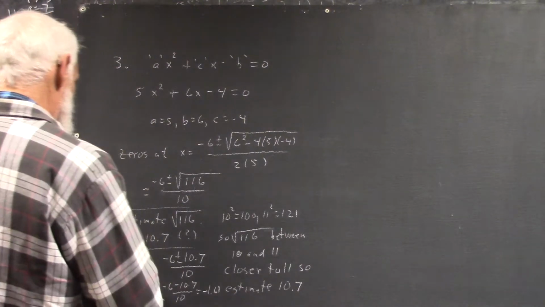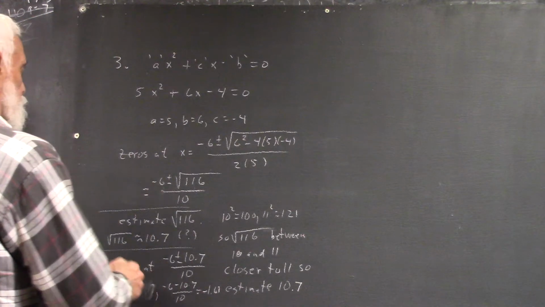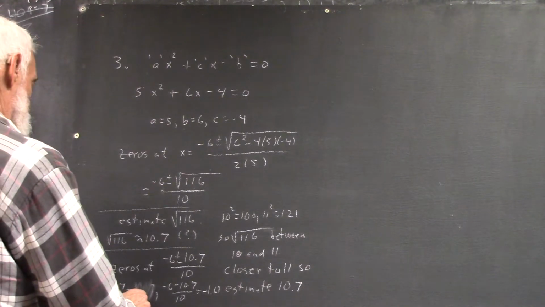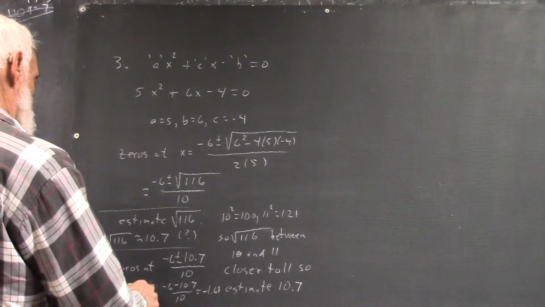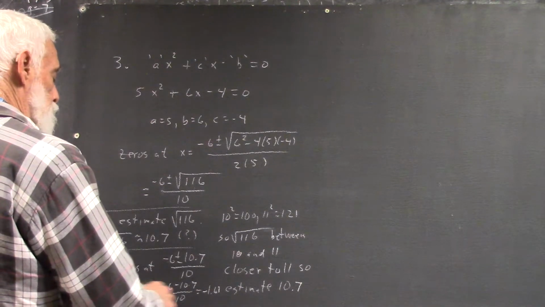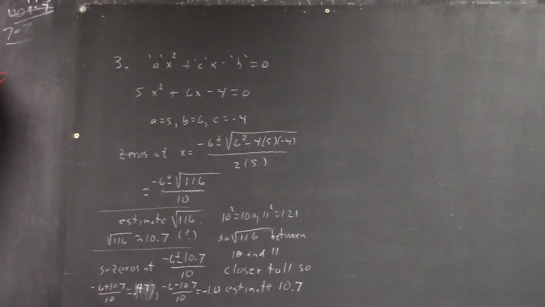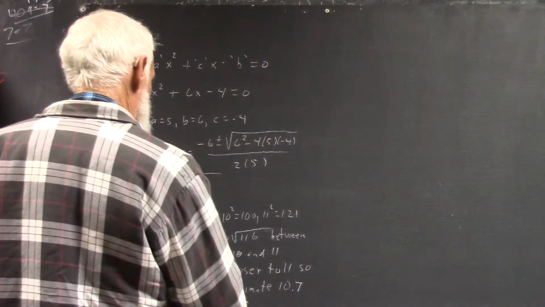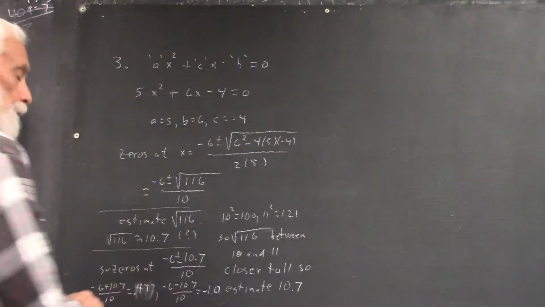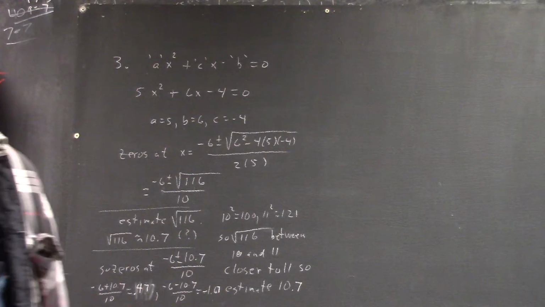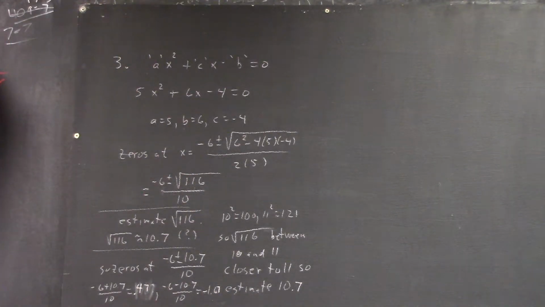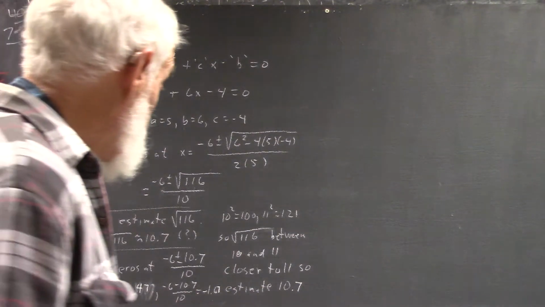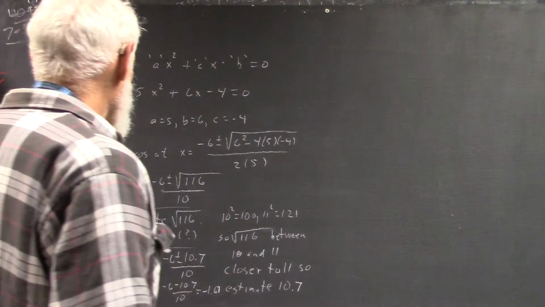That's totally wrong. 6 minus is 4.7 over 10, so it's 0.47. 0.47 or negative 1.67. And if you did this in your calculator, there's a very good chance those would even be correct to two significant figures. It's not that hard to estimate square roots with a little number sense. So there's your estimate.